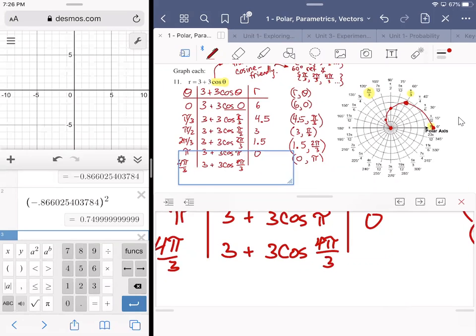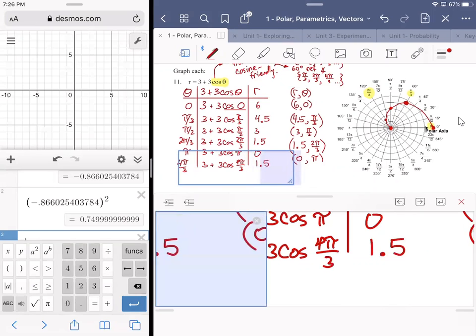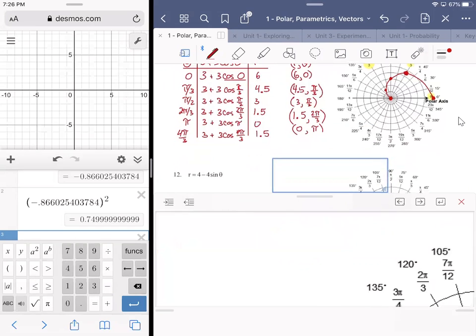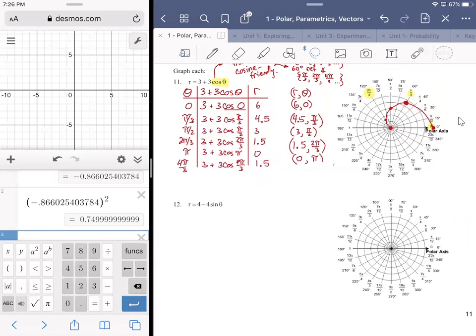All right, so it's another one of those 3 minus situations. Cosine 4 pi over 3 is -1/2. 3 times -1/2 is -3/2. 3 minus 3/2 is 1.5, or if you want 3/2. All right, so my little alignment scheme here is getting a little out of whack, so let me do that.